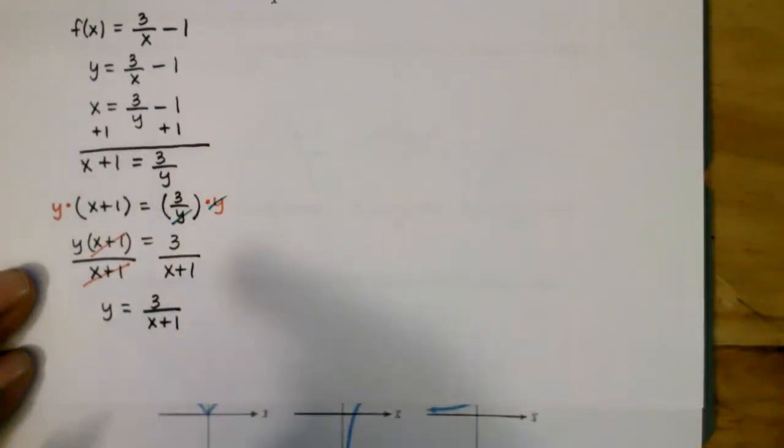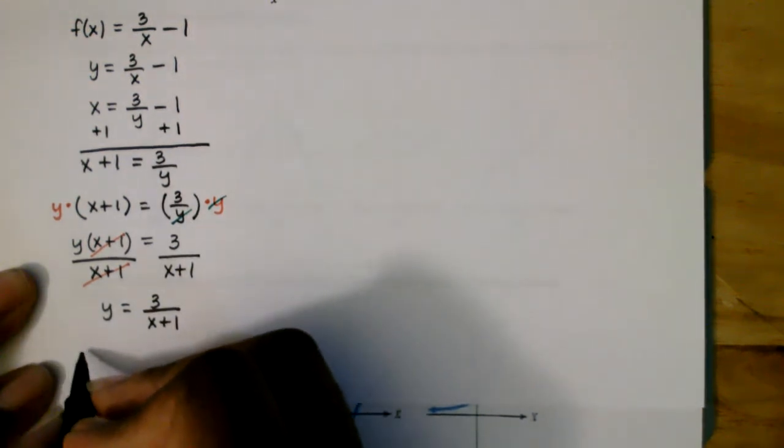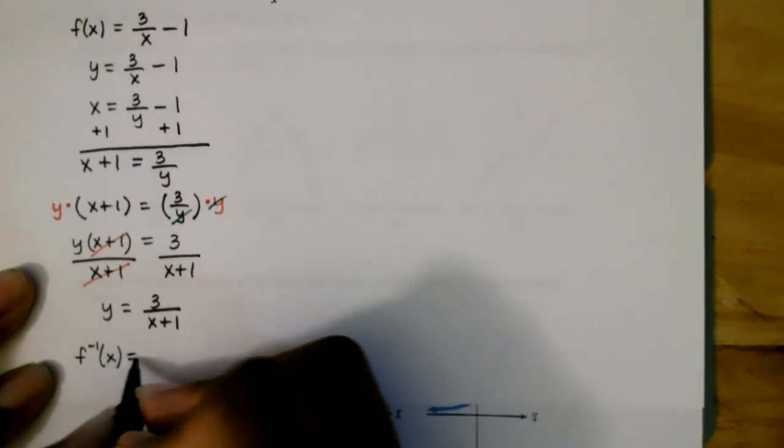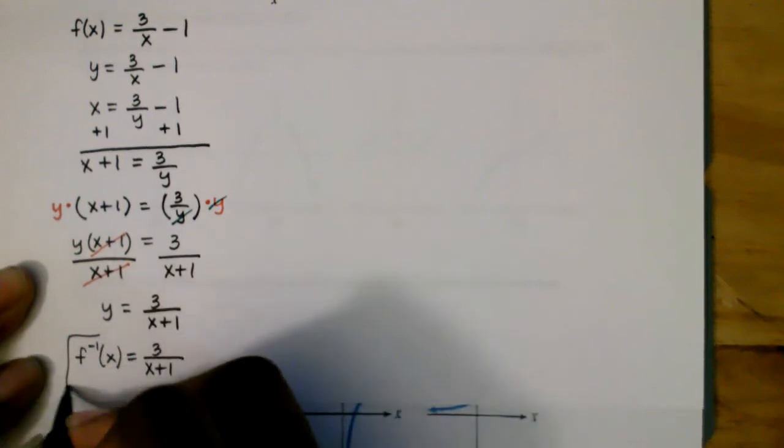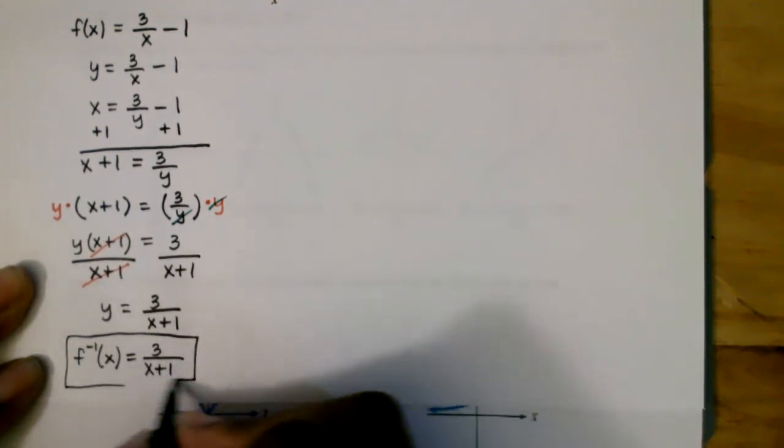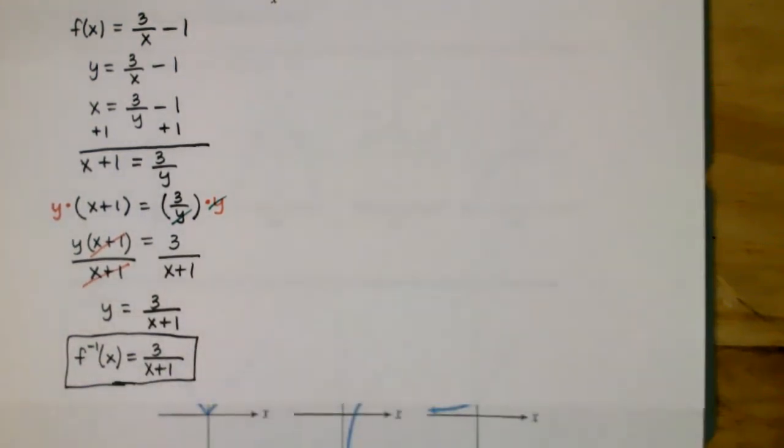And then the final step would be to replace the y with f inverse of x. That will be equal to 3 divided by x plus 1. So this is what f inverse of x is.